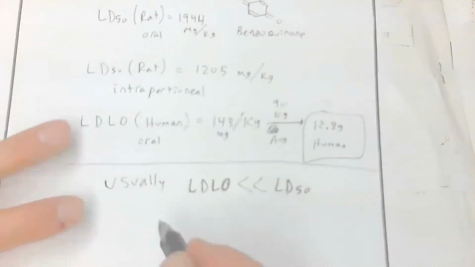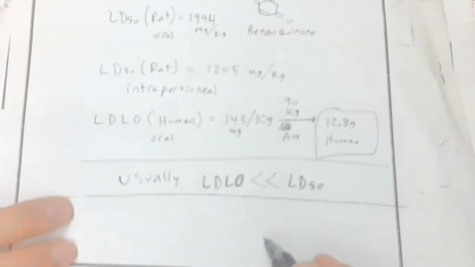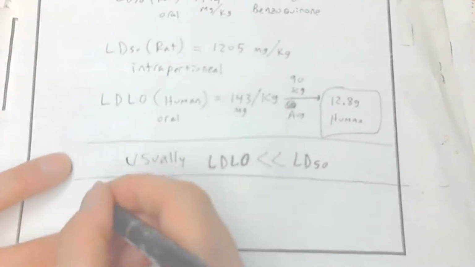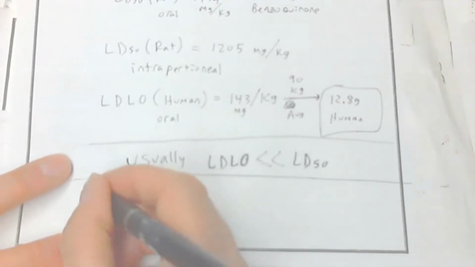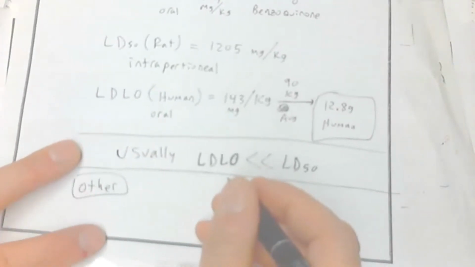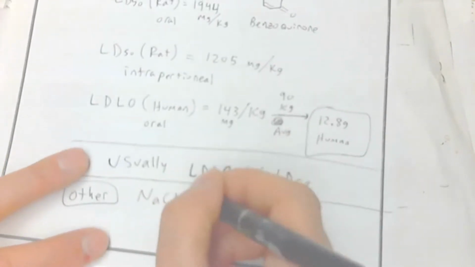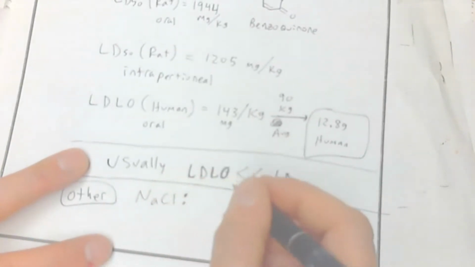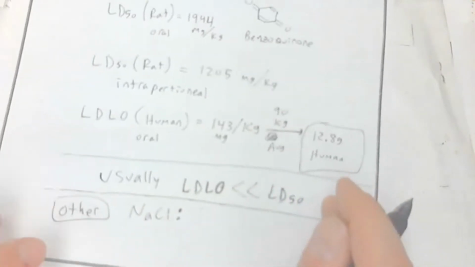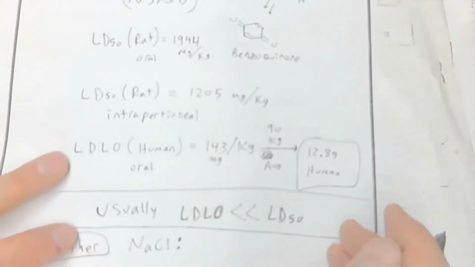Just a couple other miscellaneous examples of substances we are familiar with. Sodium chloride, NaCl. What's the LD50 of that? Is it going to be a larger number or a smaller number than Tylenol?